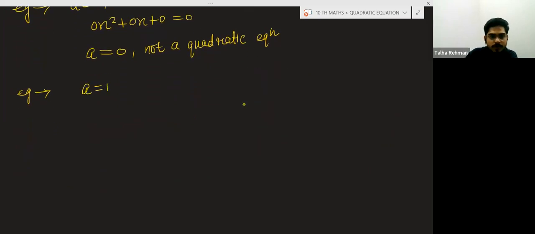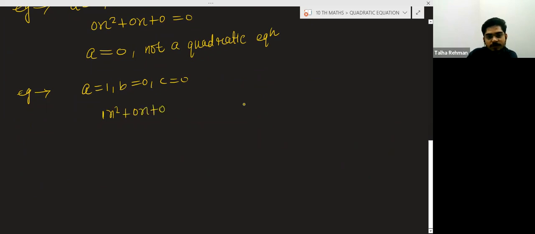a equal to 1, b equal to 0, c equal to 0. So you write 1x square plus 0x plus 0 is equal to 0. So it will become x square is equal to 0. Now see here, a is not equal to 0. So will this be a quadratic equation or not, Azaan? x square equal to 0.